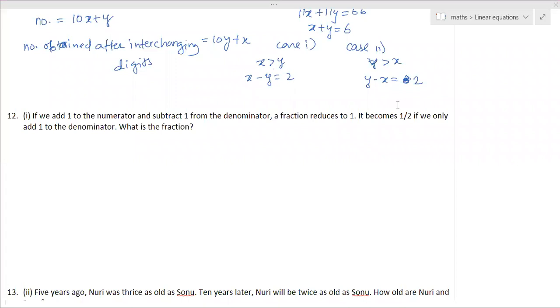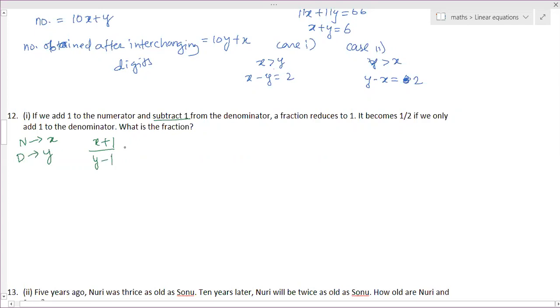So the numerator is x and the denominator is y. So x plus 1 by y minus 1.